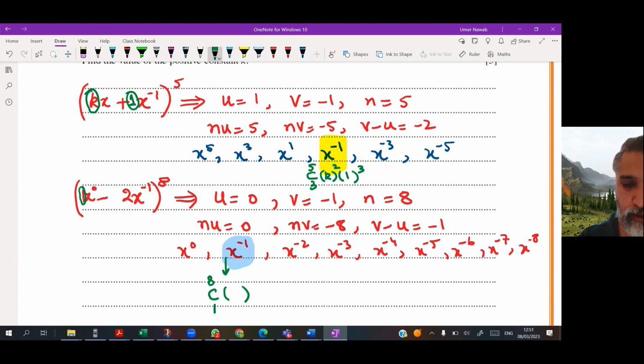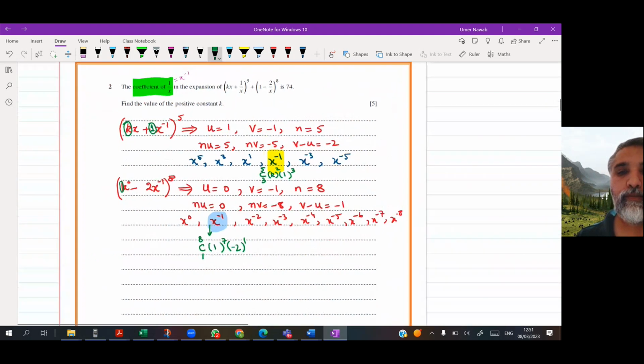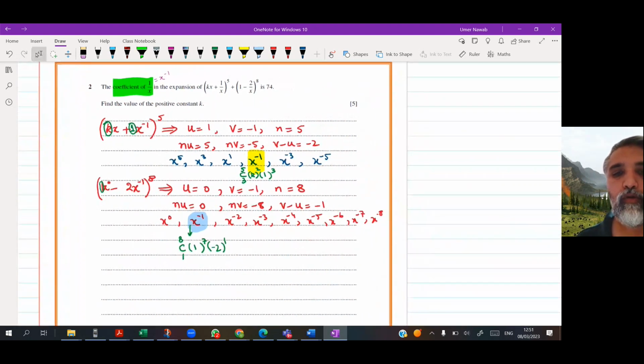This is 1 raised to power 7, and -2 raised to power 1. He said the coefficient is 74. So the sum of these two numbers, 5C3 K squared plus 8C1 times -2, is equal to 74.